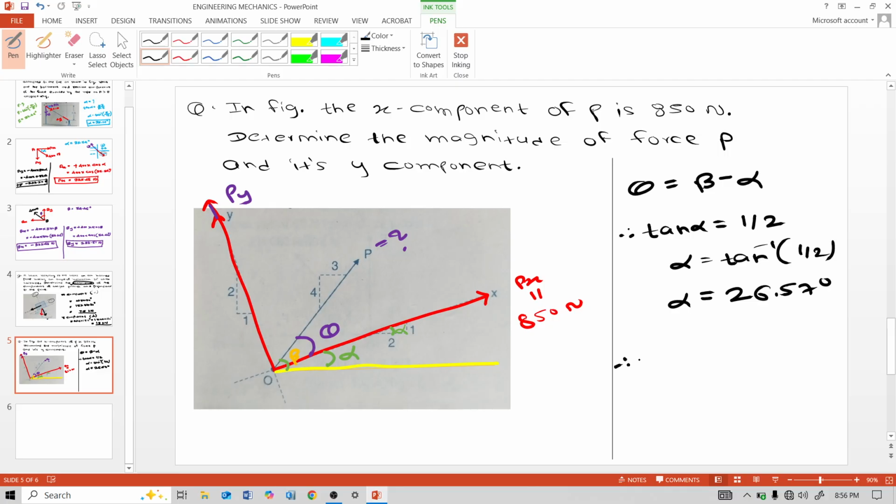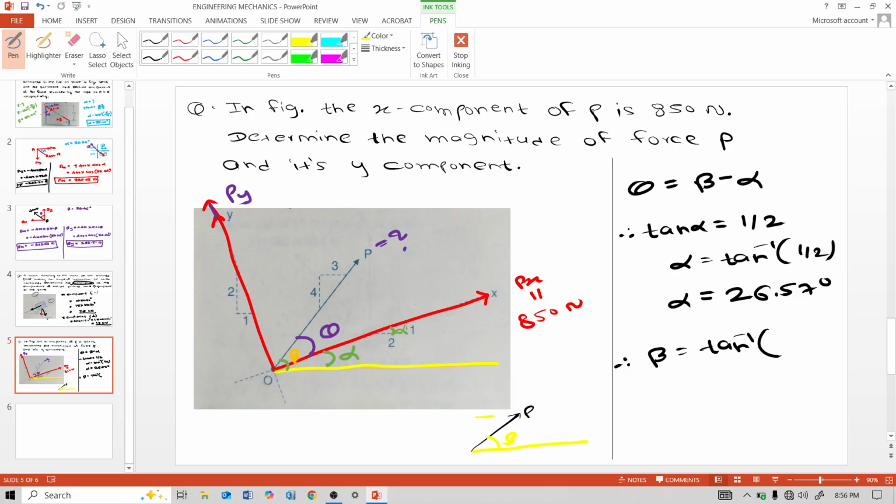Now similarly we will calculate beta also. Beta is equal to tan inverse of, see, how to calculate beta? See, this force P and this horizontal yellow line are making an angle beta.